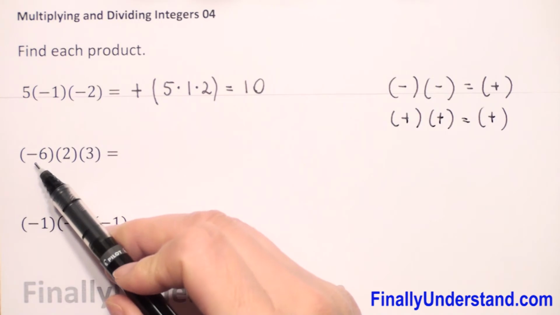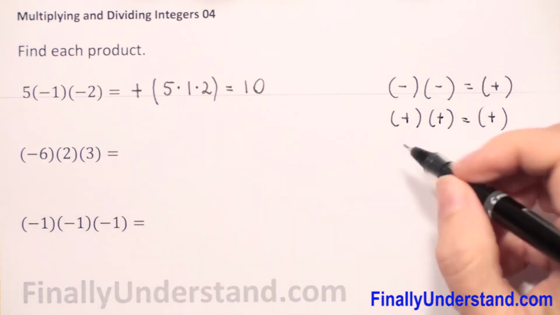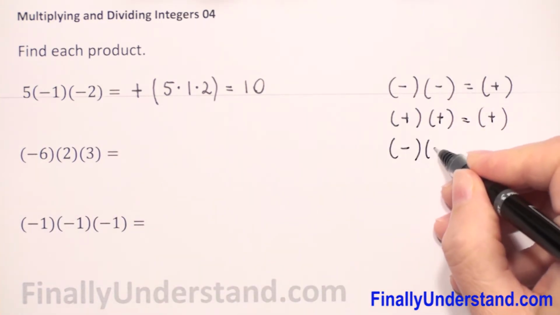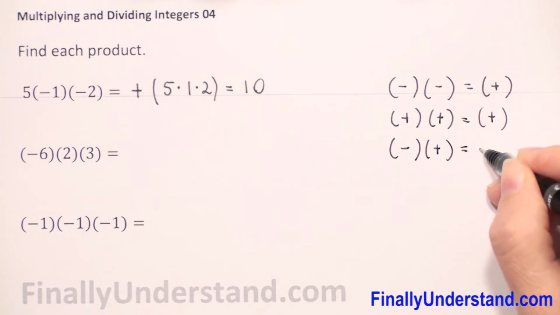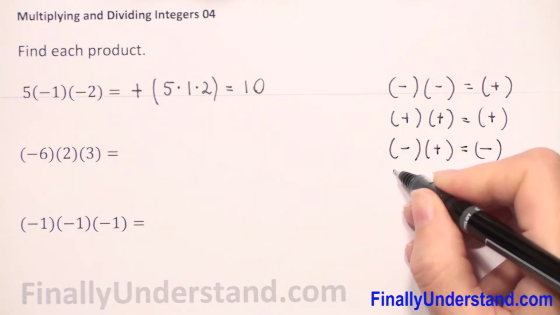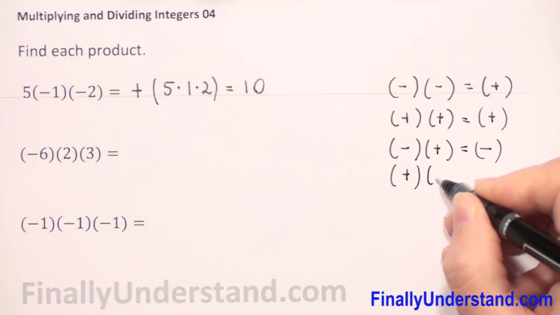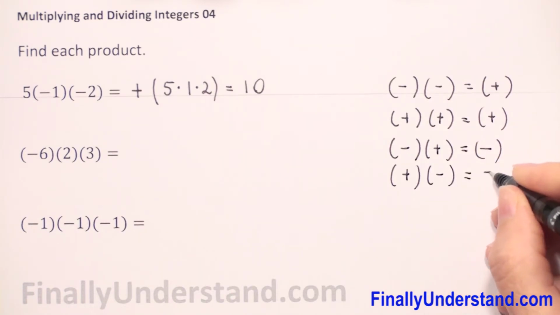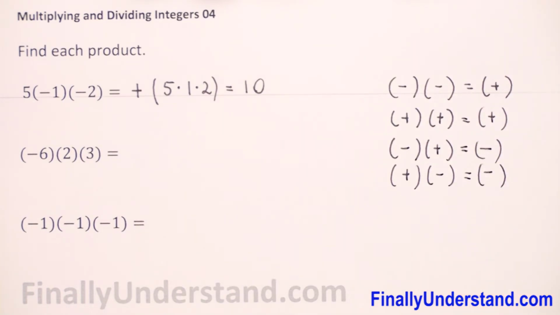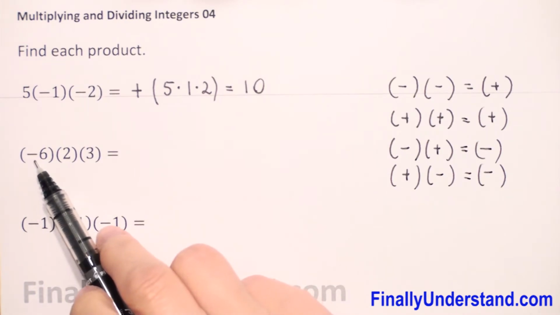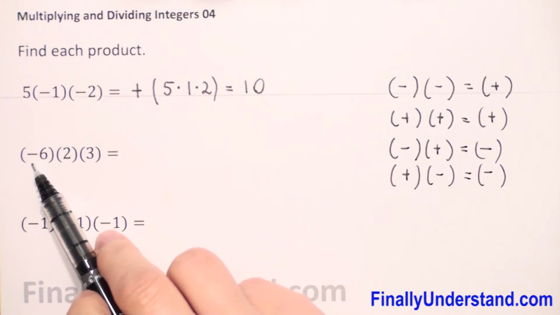But when you have negative times positive, the answer is always negative. Or when you have positive number times negative, also the answer is negative. So, because one of these three numbers is negative, the answer will be negative.